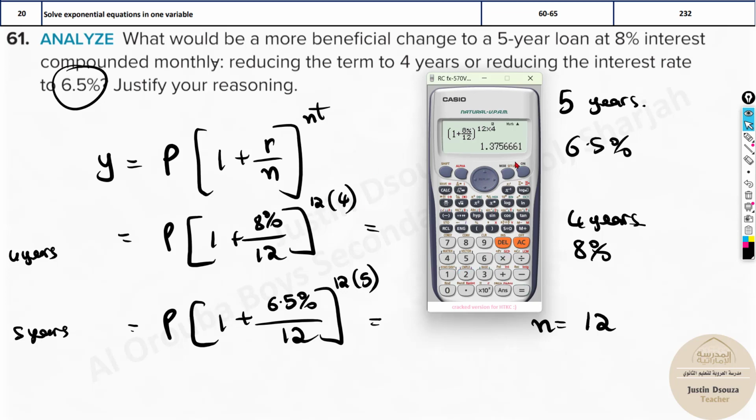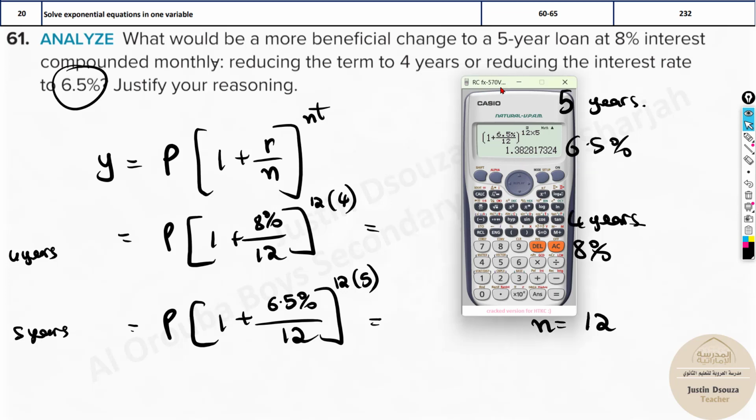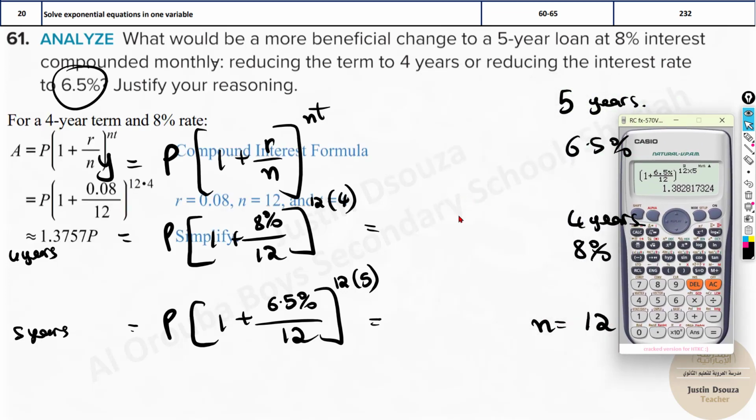That's the first part. The answer is 1.375. You can just write it over here, 1.375. And I will do the other one also, and then I'll write it together. The years is 5. And we have over here 6.5. The answer is 1.382.